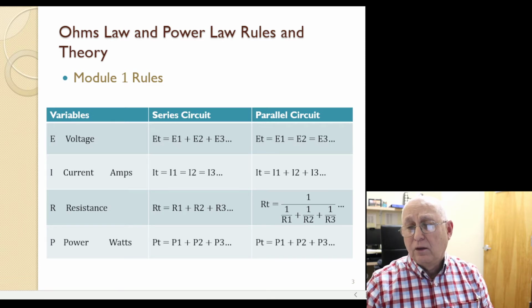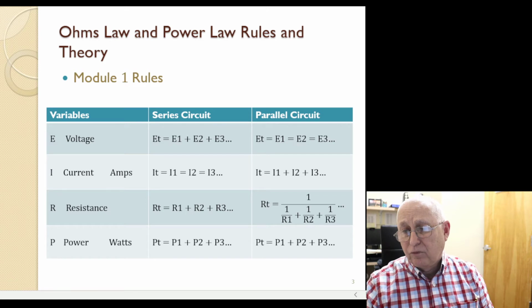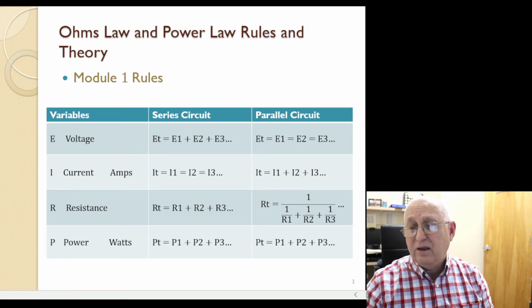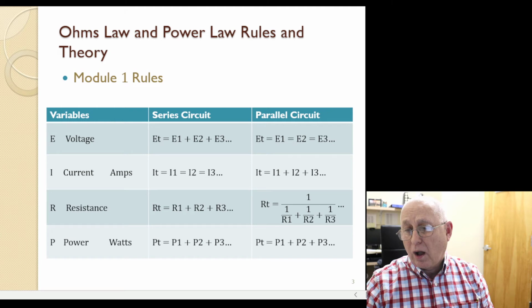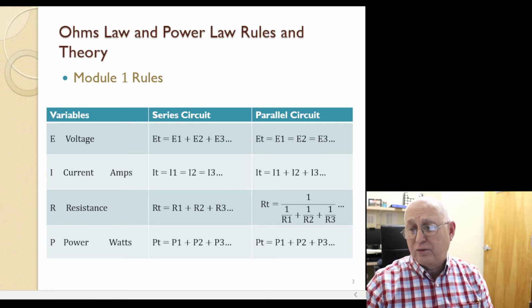In a parallel circuit, IT is the summation. IT equals the current at R1, I1, plus I2, which is the current at R2, plus I3, which is the current at R3. In other words, it's a summation. This current plus that current equals the total current.